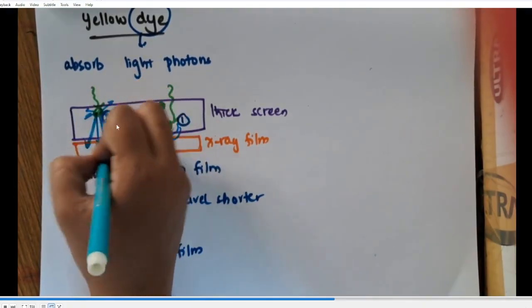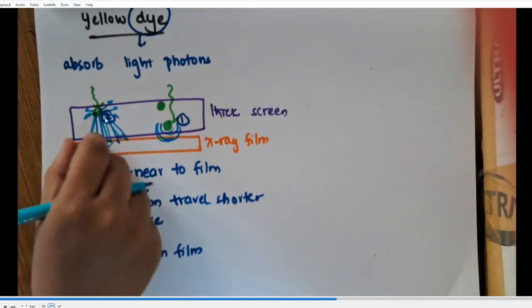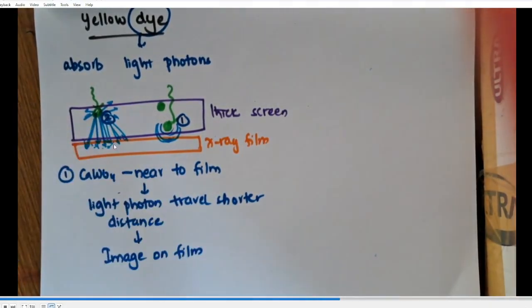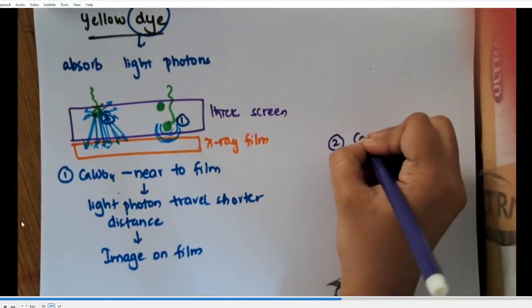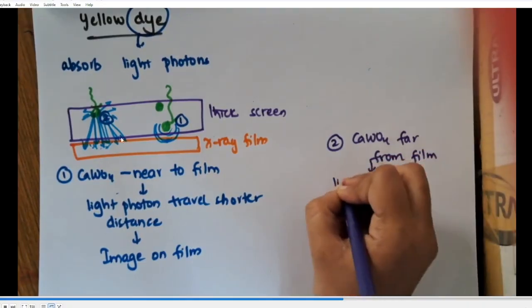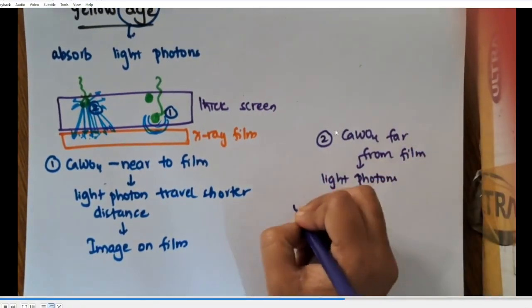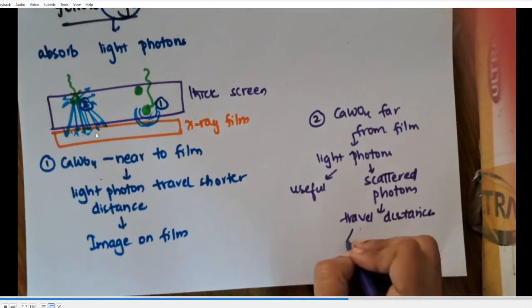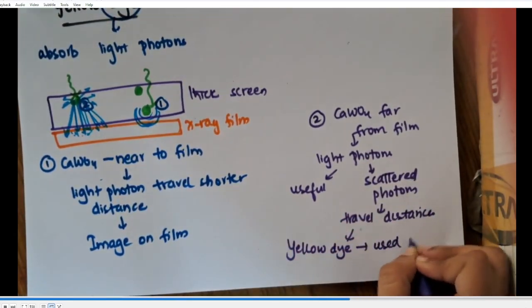Whereas the calcium tungstate crystal which is farther from the film, more of the light travels a longer distance, and it also exposes a larger area on the X-ray film. So calcium tungstate far from the film will produce light photons which are useful, and it also produces scattered photons.